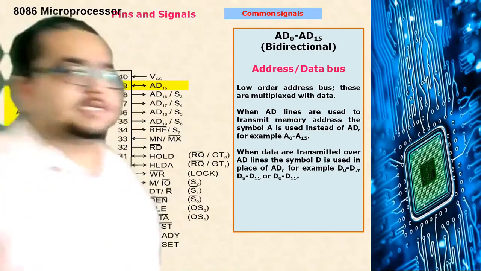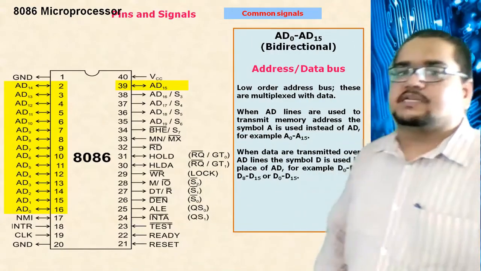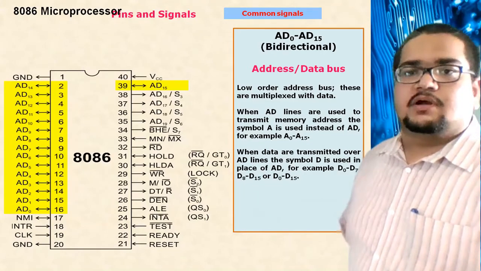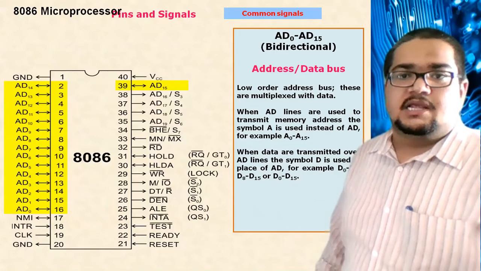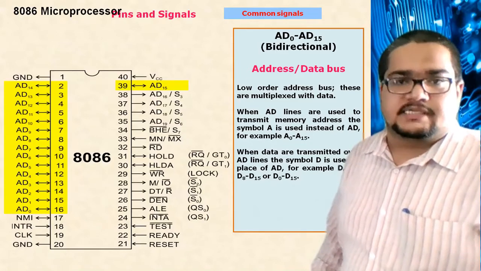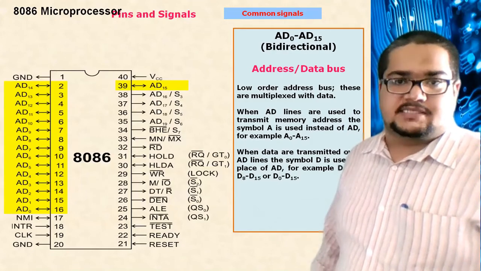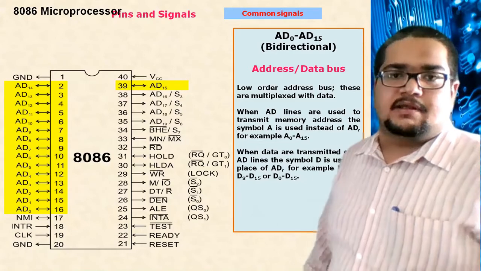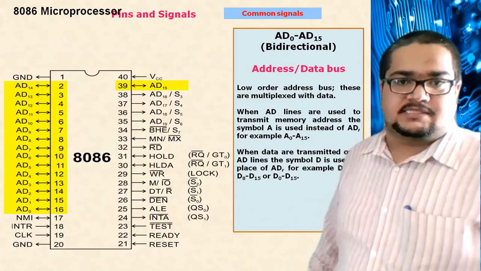Talking about the common mode signals now, starting with one particular thing that we have seen in our previous class also. If you concentrated in the previous class while talking about the physical memory organization, I asked you to focus on certain things, that is address lines, data lines, and the BHE bar signal specifically. Now, keeping the BHE bar signal aside for a while, concentrate upon the AD lines.